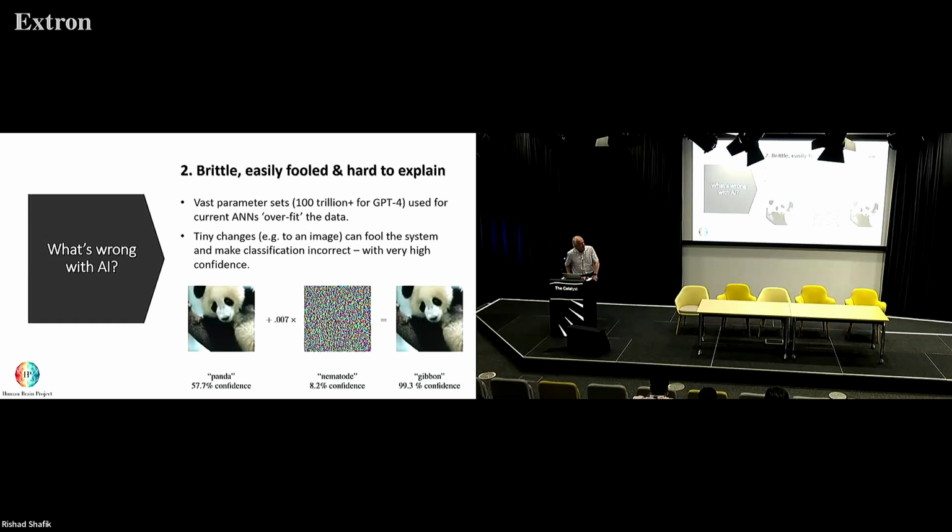I think as humans we have trouble classifying noise as a nematode, but if we add that noise at a very low level to the image on the left, then we get the image on the right, which I think we as humans would still happily say is a panda, but according to a large neural network, it's 99.3% confident it's now a gibbon.